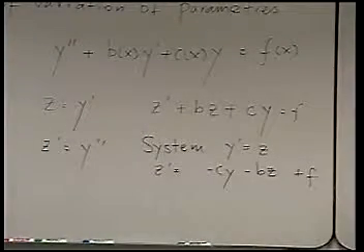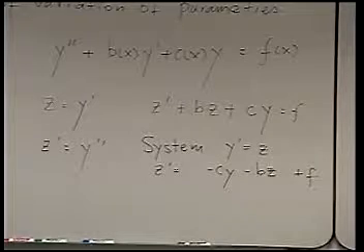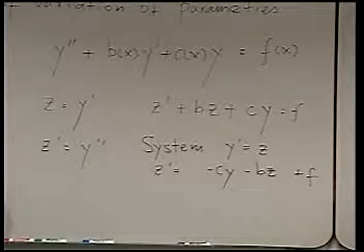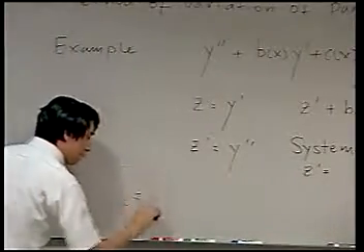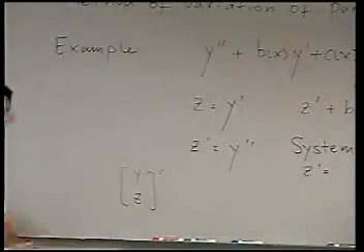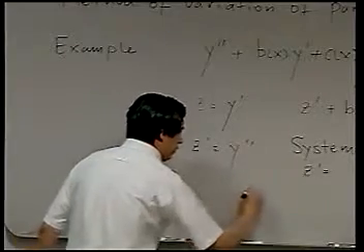Now we can write this one, of course, as a matrix linear equation, a matrix linear binary differential equation, as (y, z) prime, we understand this means (y prime, z prime), equals. Now we're going to create a matrix here.